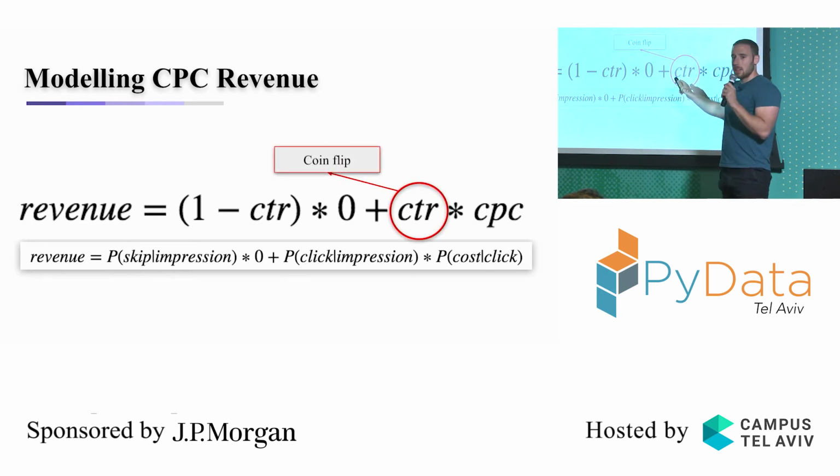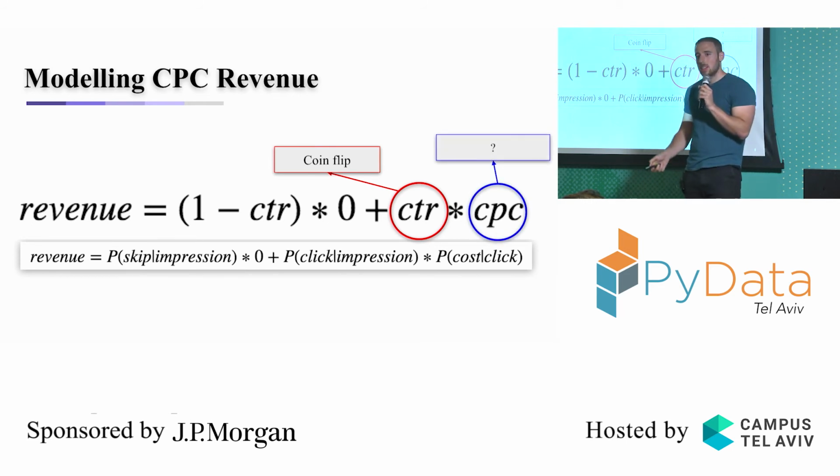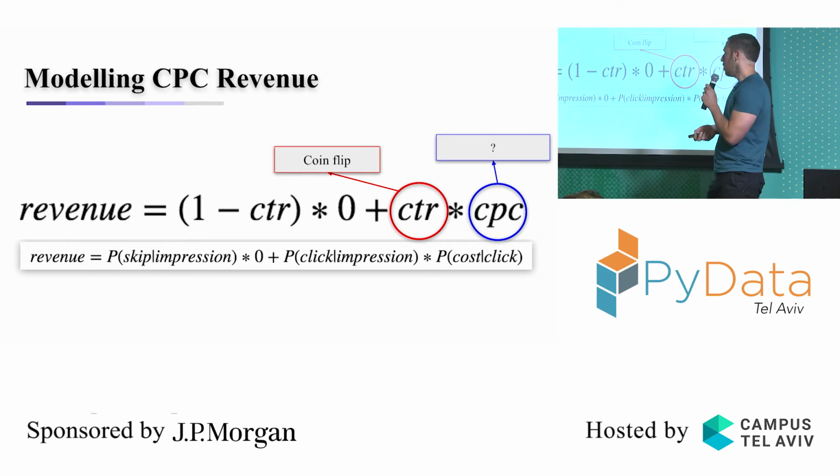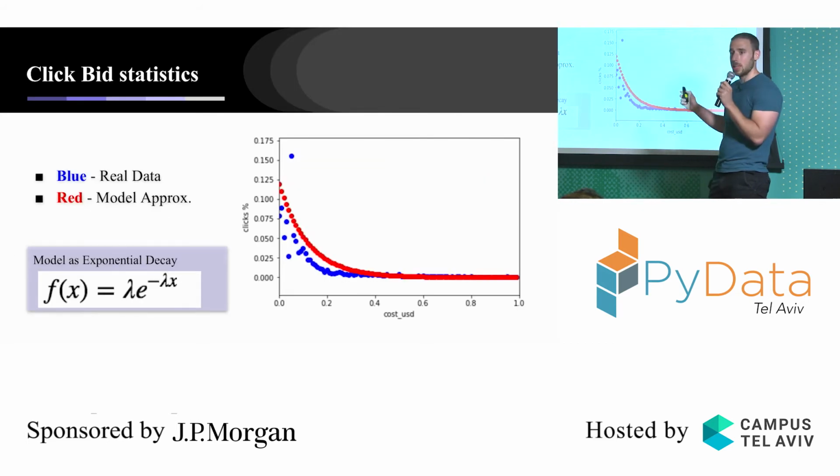We saw that the coin flip abstraction is a pretty good approximation for the CTR. But what about the CPC? So we did what every good data scientist does, and we plotted the data. And the blue dots are the actual bids that advertisers are willing to pay on average.